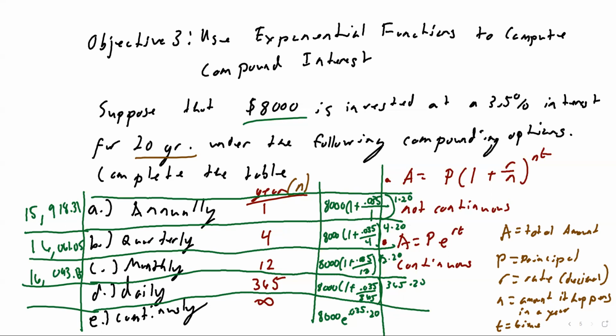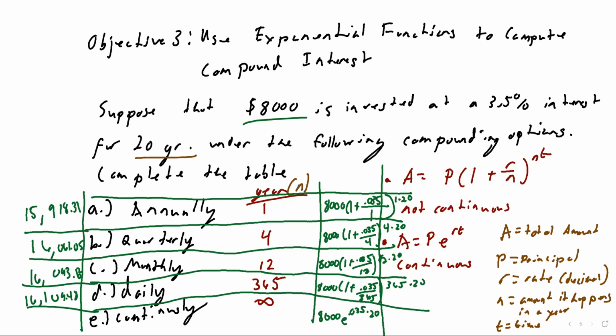It is. So you can see the more times it occurs, the more money you'll end up paying out. So we're now at 16,109.48. Now, what we want to see is the similarity between the daily and the continuously.